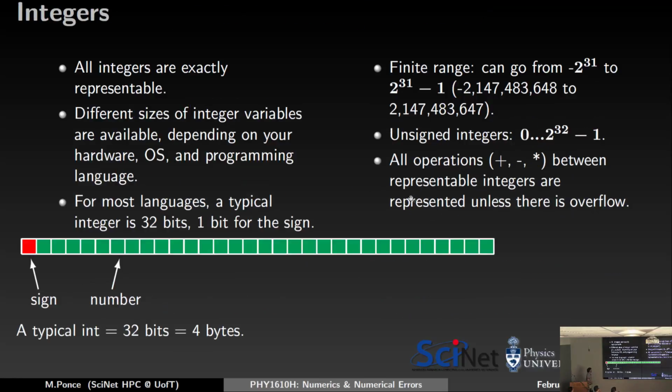But let's go back to the problem of how we represent numbers in the computer, right? On the one hand, we had this binary representation. On the other hand is how much memory, how much space can we take for representing numbers. And we are already familiar that there are different types of variables and different types of structures that we can use and have in C++, for instance, right?